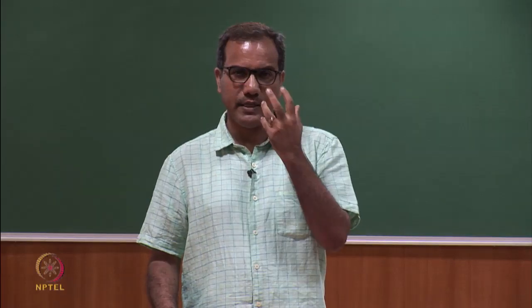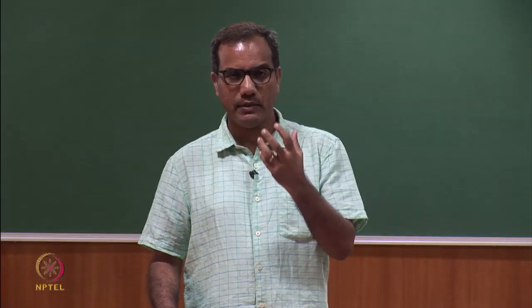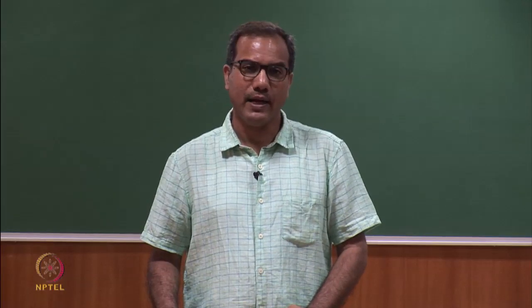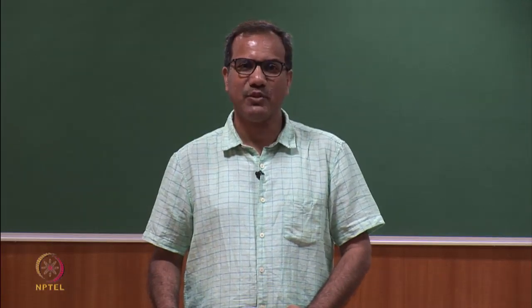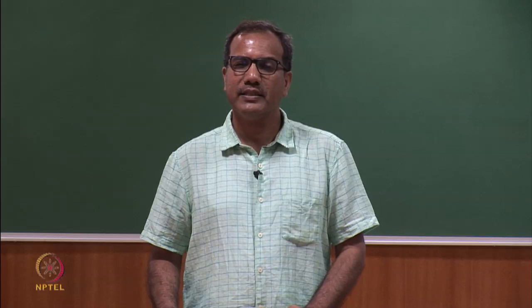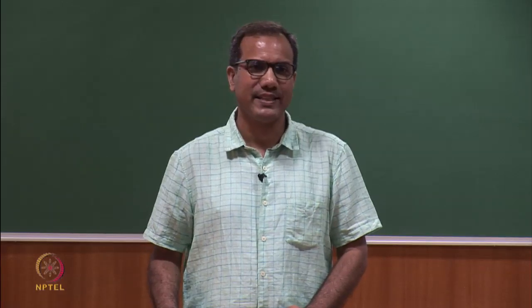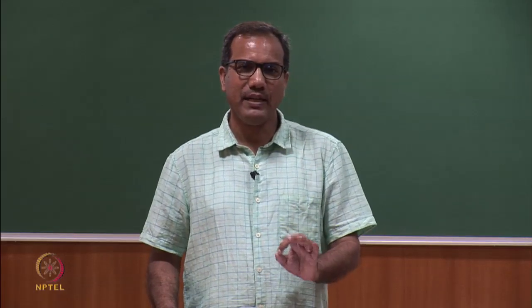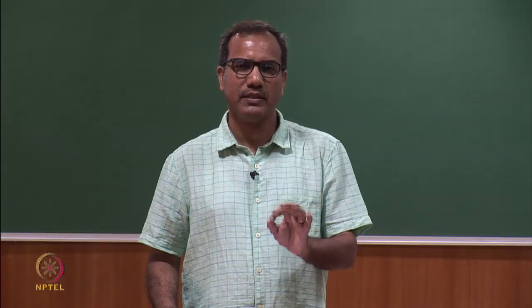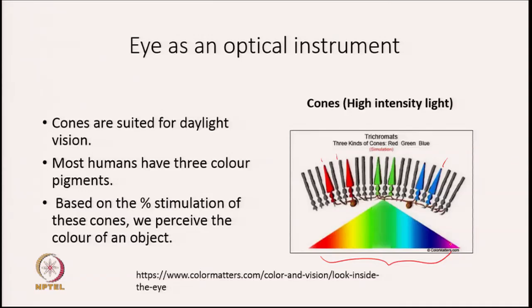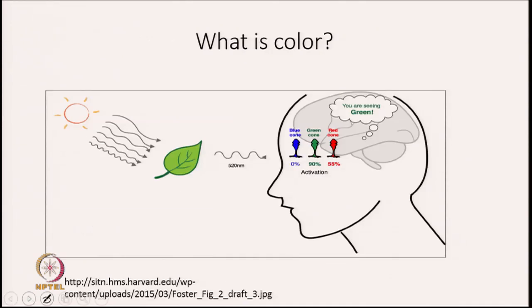So, when light of a particular wavelength falls on our eye, it can stimulate these three cones to different extents, and depending on the percentage stimulation of these cones, you can perceive the color of an object. What I mean by this is, when you see a leaf, it looks green.